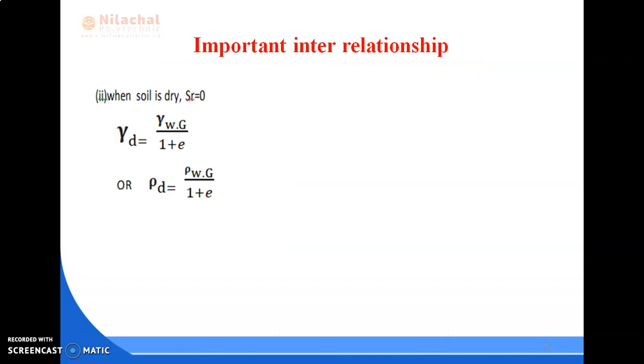Next, the second condition, when the soil is fully dry. So the degree of saturation SR value equals 0. So we write here gamma D, the dry unit weight, equal to gamma W into G. Why G?